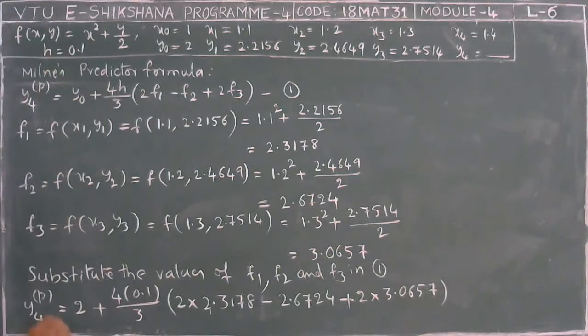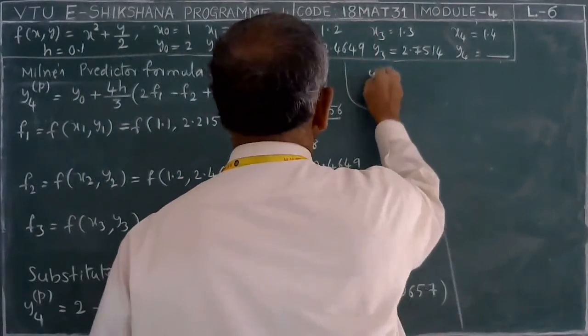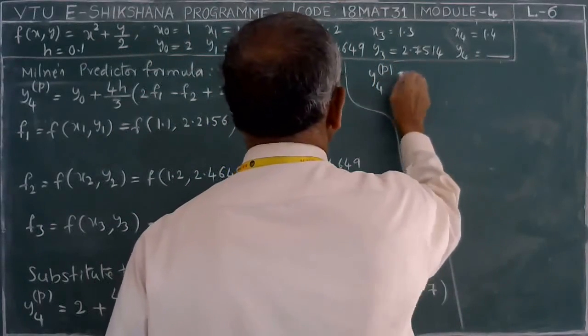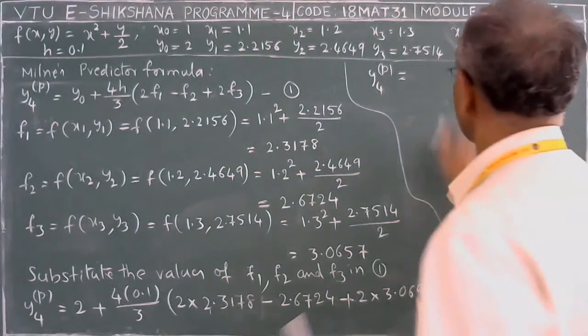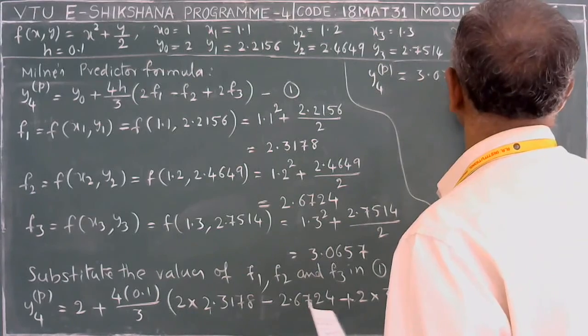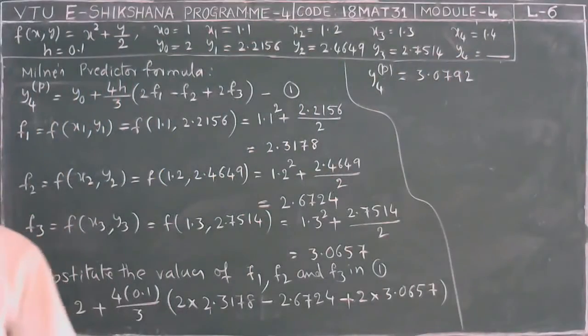If you compute carefully, y4p will be equal to 3.0792. So this is your predicted value.